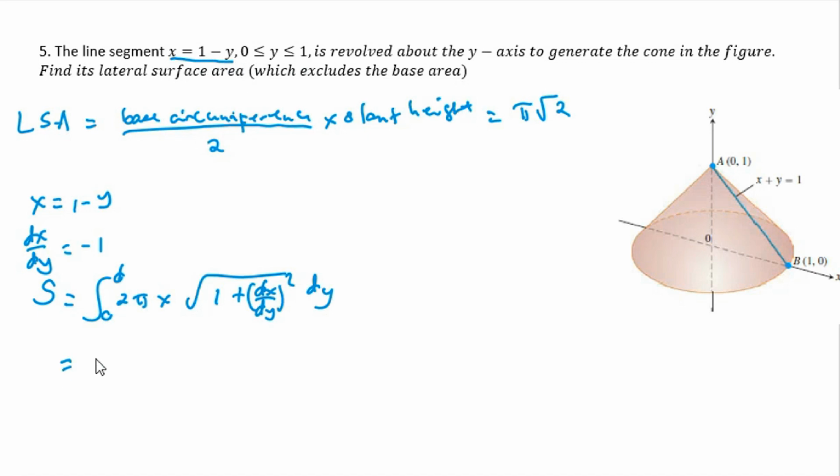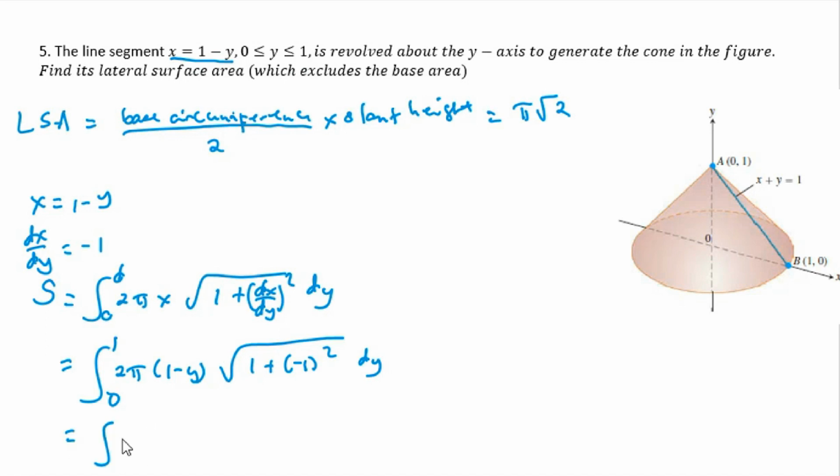So by substitution, we can write now the integral of 2 pi times 1 minus y times the square root of 1 plus the derivative, which is negative 1, squared, dy from 0 to 1. So simplifying that one, we have the integral of 2 pi times 1 minus y times the square root of 2, because the square of negative 1 is 1, so 1 plus 1 gives us the square root of 2, dy.